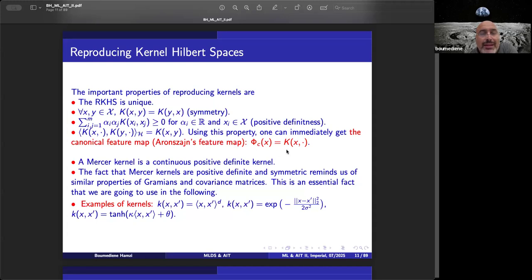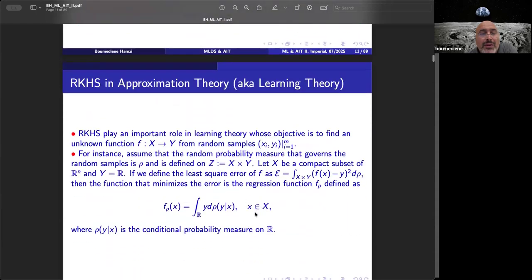So phi(x) in that sense is equal to k_x dot. And the fact that Mercer kernels, which are continuous positive definite kernels, are positive definite and symmetric reminds us of similar properties of Gramians. Some common kernels are the monomial kernel, Gaussian, and hyperbolic tangent.